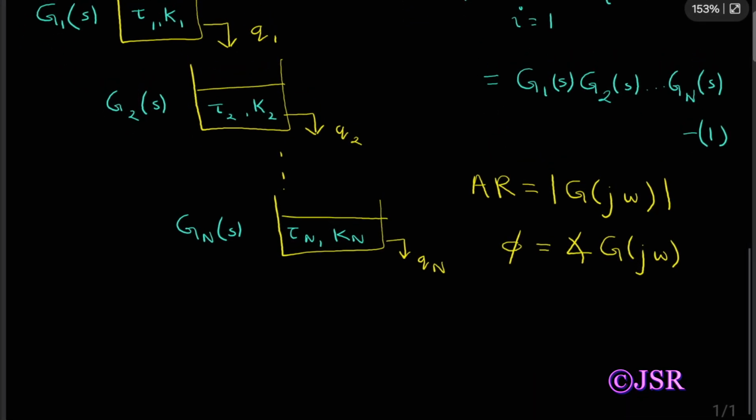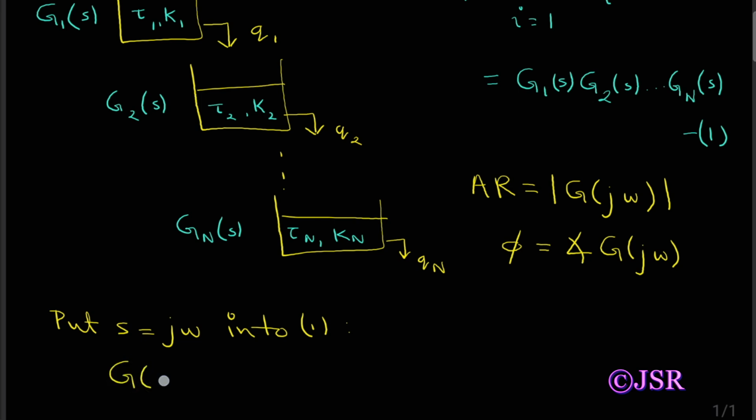Therefore, substituting s equal to j omega, we will have G of j omega.